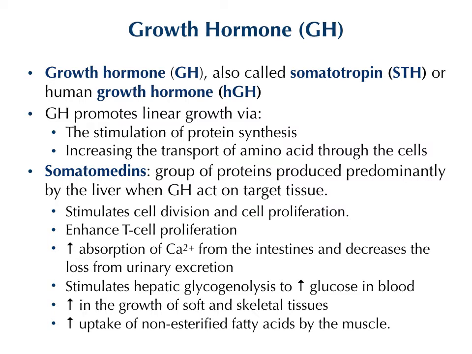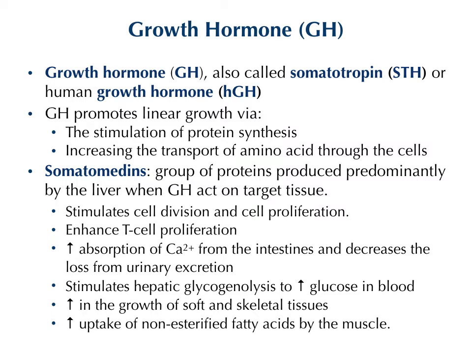This is a hormone that's secreted from the liver and is known as a somatomedin, a group of proteins that are produced by the liver when growth hormone acts on target tissue. A majority of the growth-promoting effects of growth hormone is actually due to IGF-1 acting on its target cells.